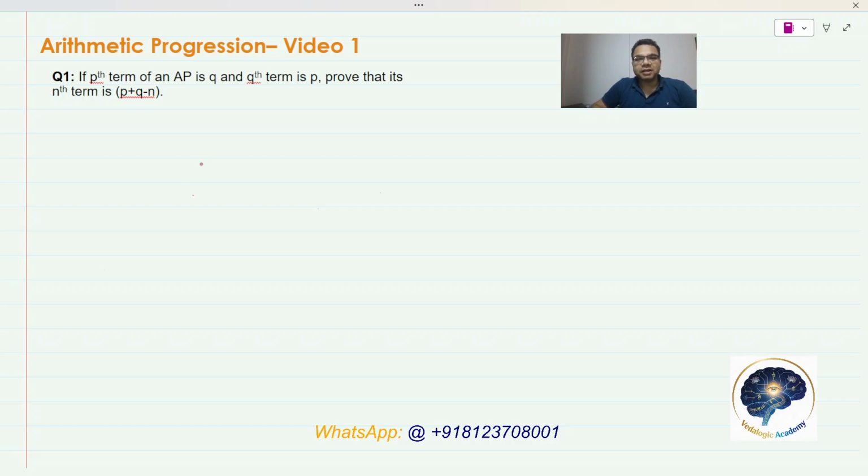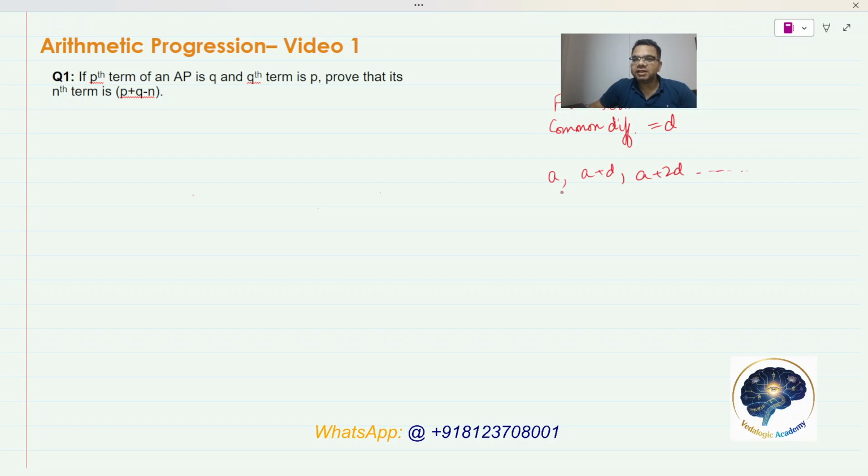So before starting, just to revise. In an AP, we know that the first term will be A. There will be a common difference between these terms, right? So common difference is, let's say, D. So first term is A, then we have A plus D, A plus 2D, and so on.